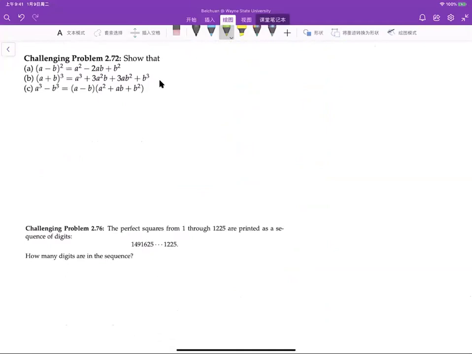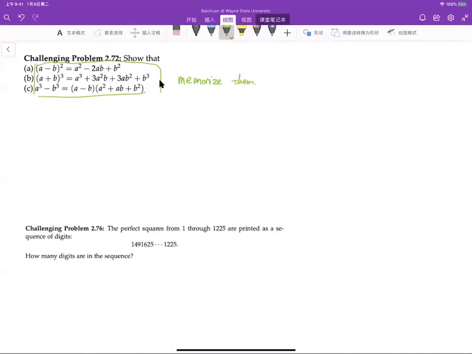For 72, you can just apply the distributive law to check the two sides. Actually, I hope you guys can memorize the three expressions. So memorize them because they are very useful.